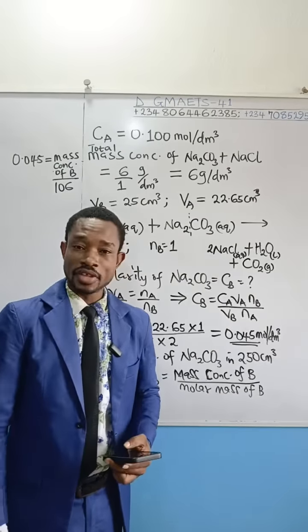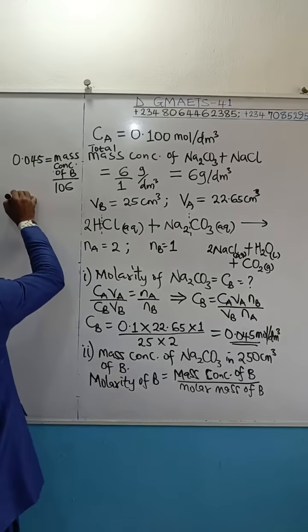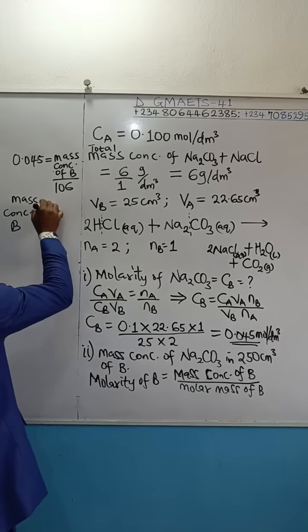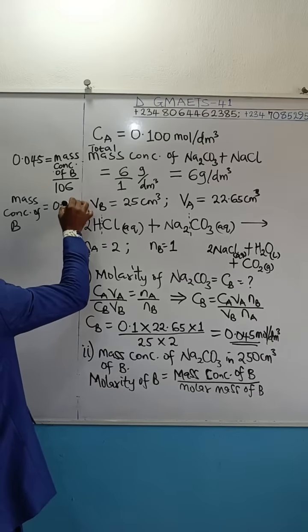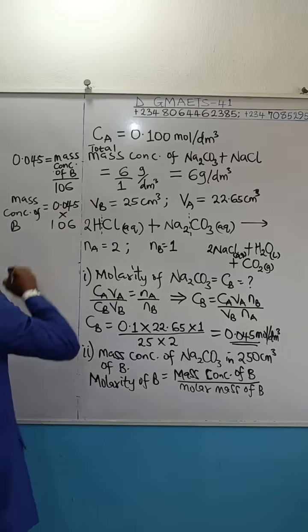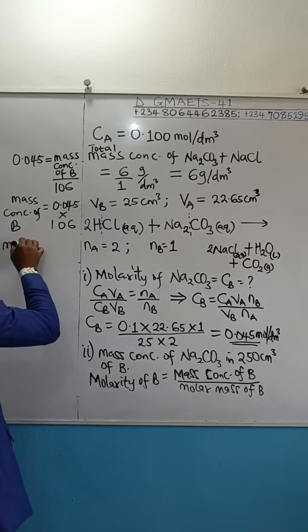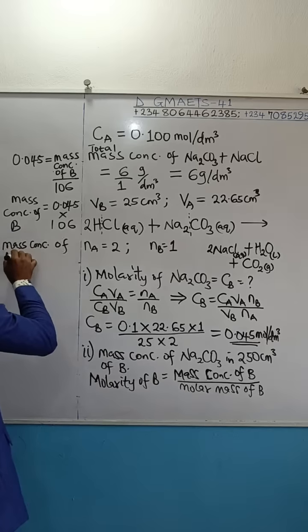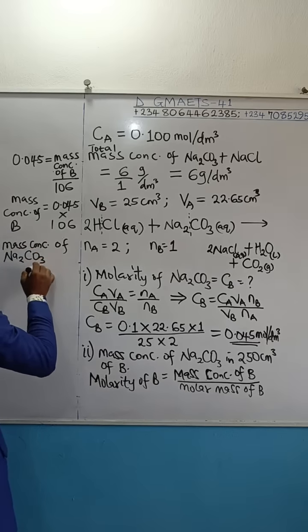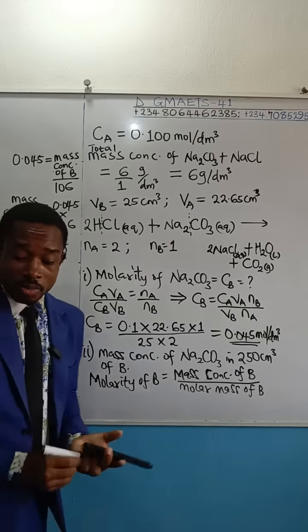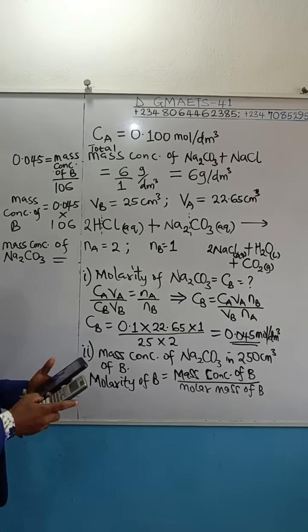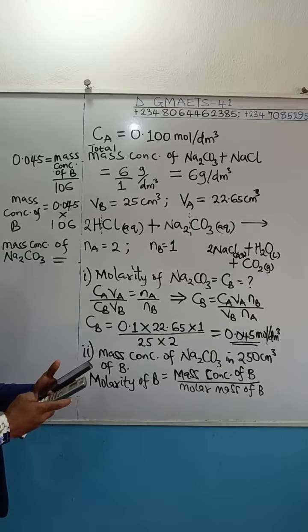106. Therefore, cross multiplying, mass concentration of B is now going to be equal to 0.045 times 106. So that the mass concentration of B, that is mass concentration of that sodium carbonate in the question, will now be equal to, let's multiply this and see what we are going to get. 0.045 multiplied by 106.